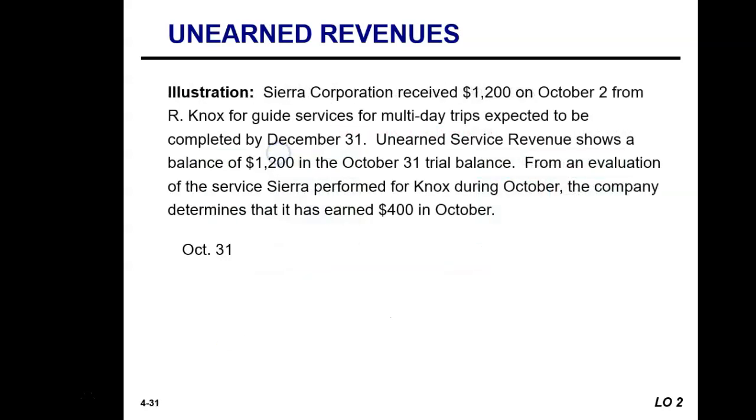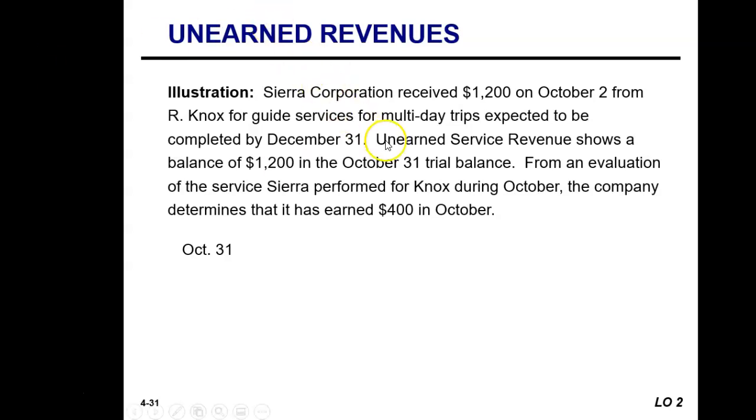All right, go to the example. It says that the Sierra Corporation received $1,200 on October 2nd from Oronox for guide services for a multi-day trip expected to be completed by December 31st.